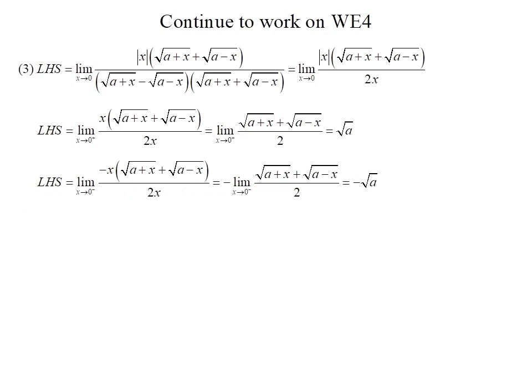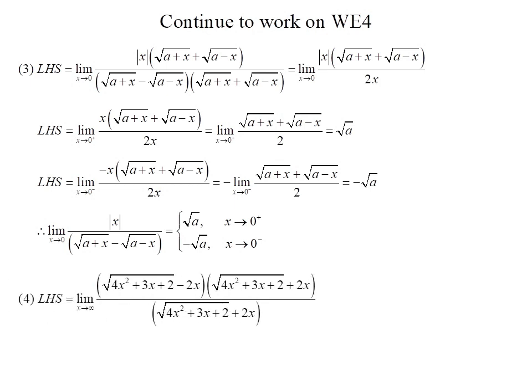When x approaches 0 from the left, the expression equals negative x times the sum of the square root of a plus x and the square root of a minus x, all over 2x, which equals negative square root a after being simplified. In summary, the limit equals square root a as x approaches 0 from the right. It equals negative square root a as x approaches 0 from the left.